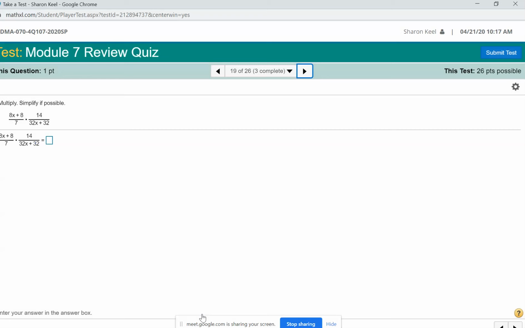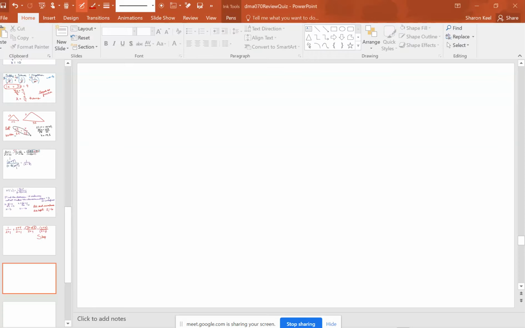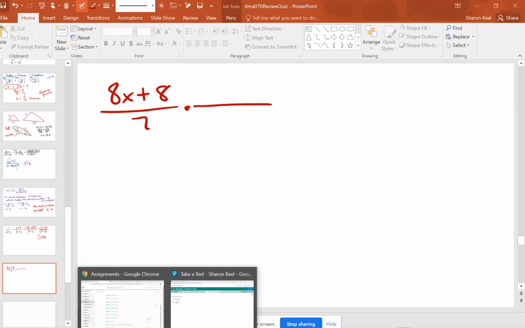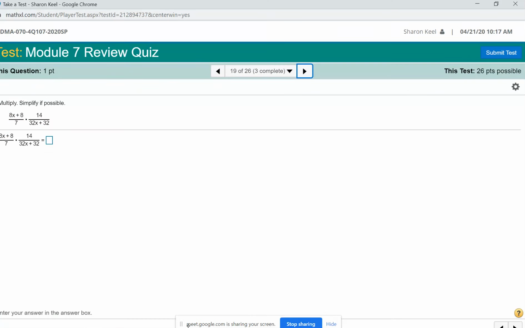Multiply, simplify if possible. Okay, so we've got 8x plus 8 over 7, and we have 14 over 32x plus 32.